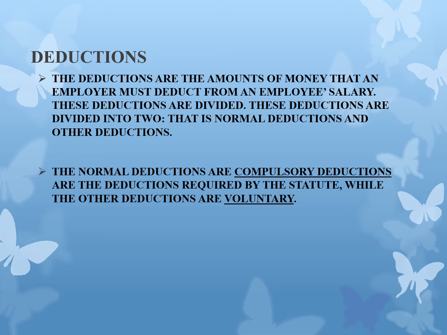Deductions. There are two types of deductions. There are those that we consider to be compulsory. By compulsory simply means they are required by law. The second type of deductions are voluntary. Compulsory, statutory, required by law. For example, pay as you earn tax is required by law.